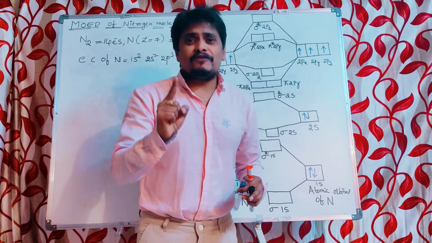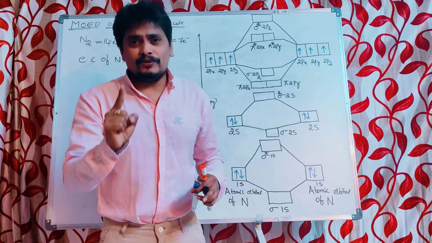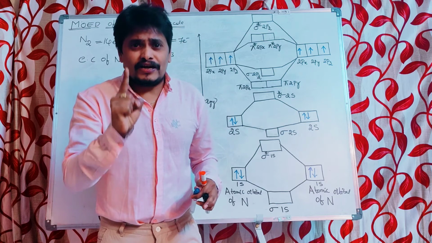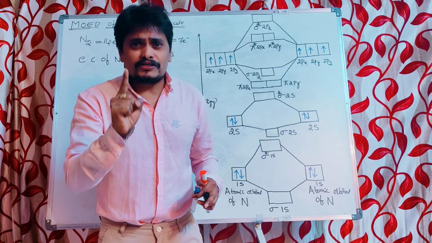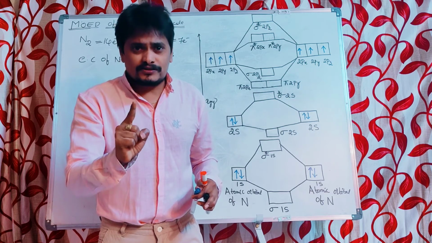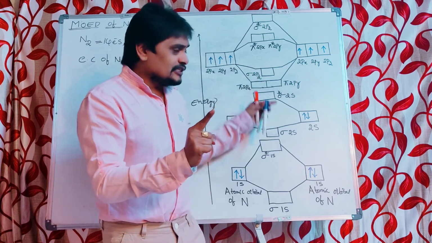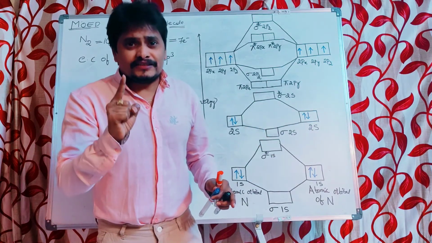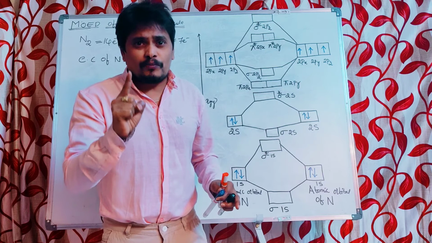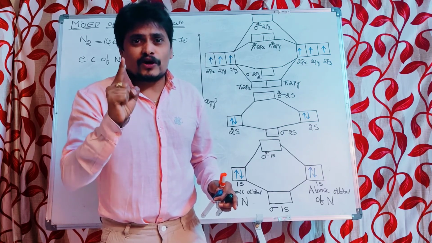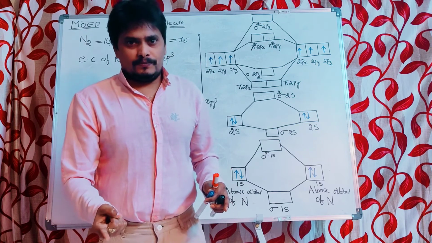I have explained it very clearly in one of my videos. We have to follow one rule for filling the electrons for molecules containing up to 14 electrons; this is the order we have to follow. And for molecules containing more than 14 electrons, we have to follow another rule.